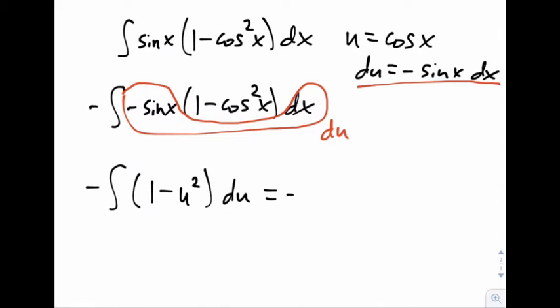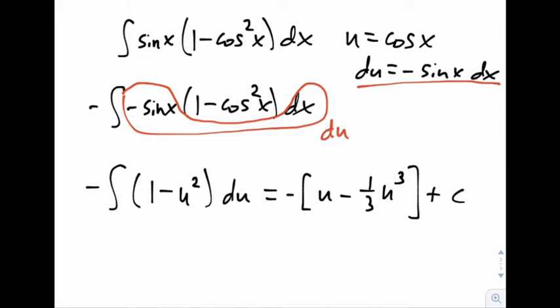So this is going to be minus, and if I use the power rule and undo it, the antiderivative of 1 is simply u. The antiderivative of u squared is going to be 1/3 u cubed, because when I take the derivative, the 3 comes down, cancels the 1/3, and I'm left with u squared. Okay, that's just the power rule. And then, of course, plus c.